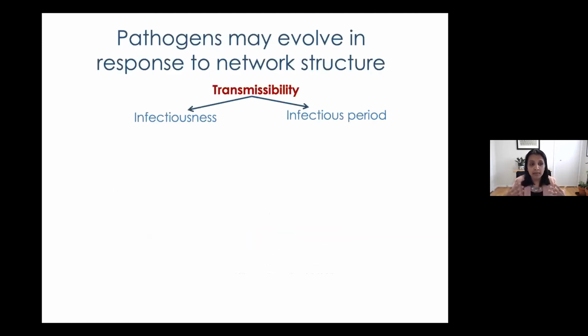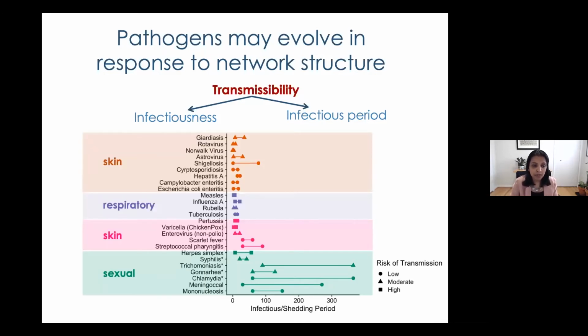They can maximize their transmissibility in one of two ways. They can either be very contagious per contact, so they spread more easily, or they can infect the infected individual for a long time, so they have a high infectious period. We did a review of pathogens from the literature. These happen to be human pathogens because that's where the data is best.